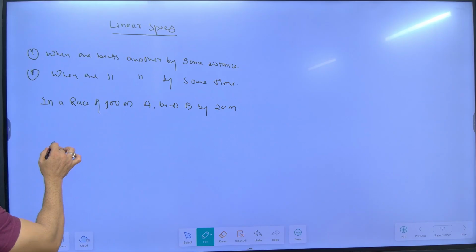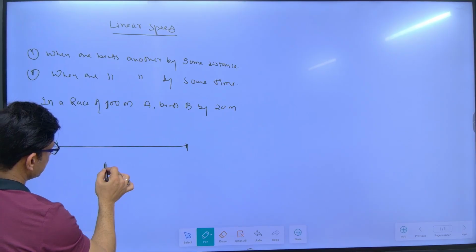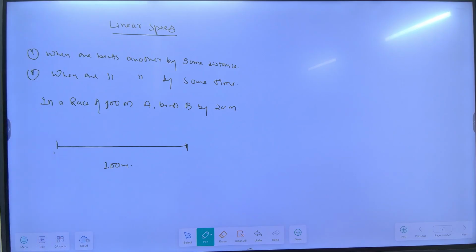That means in a race of 100 meters, both A and B start the race and A beats B by 20 meters. If you are a referee, you have to whistle when A finishes the race. That means in that particular time, time is constant.